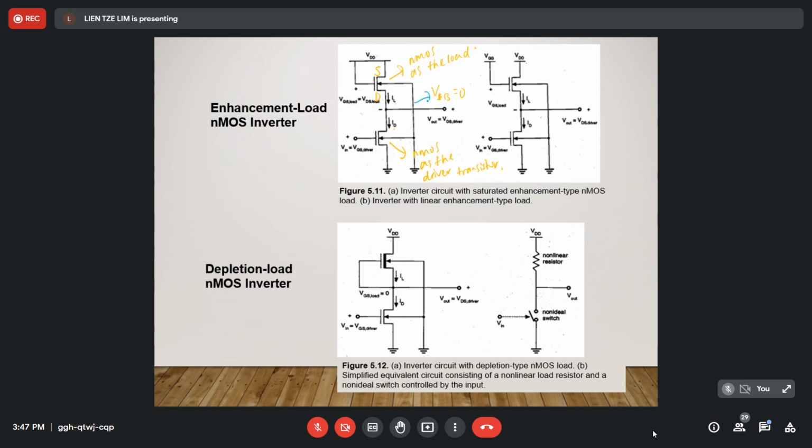These two terminals are connected to the ground, so it is 0. This inverter circuit is with a saturated enhancement type load.